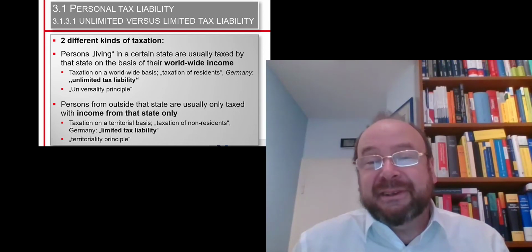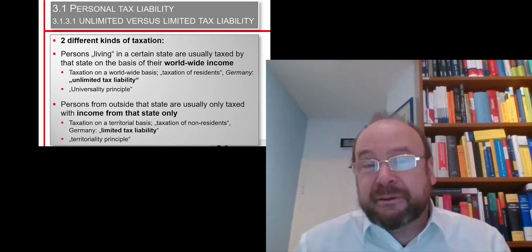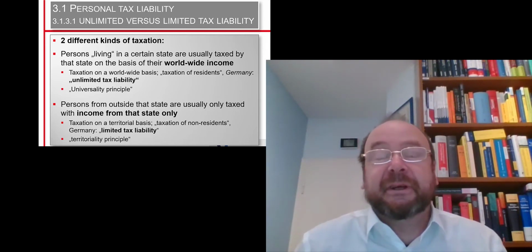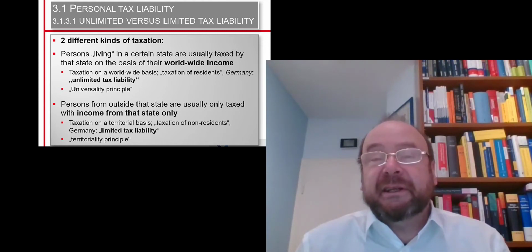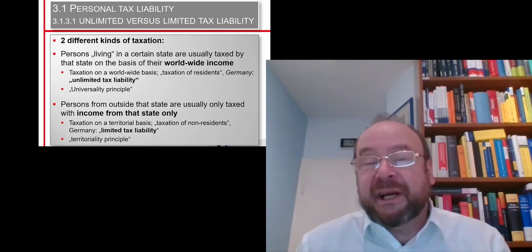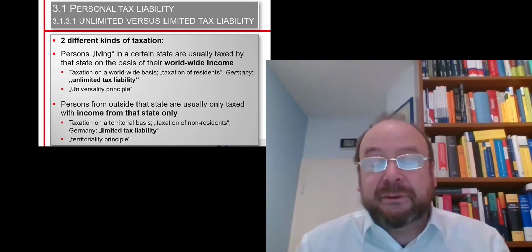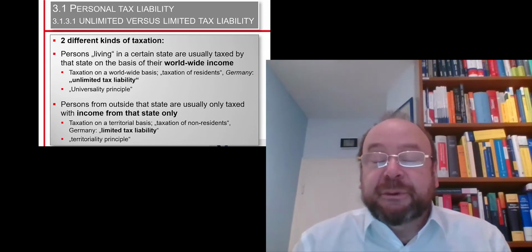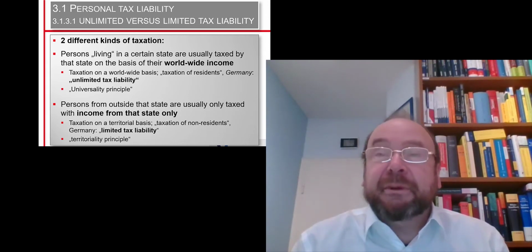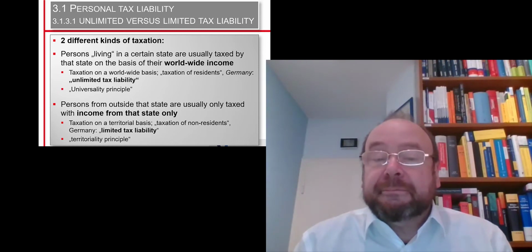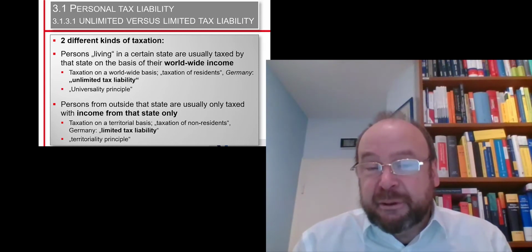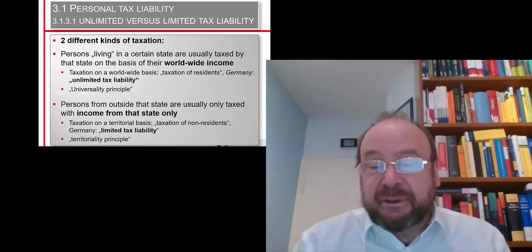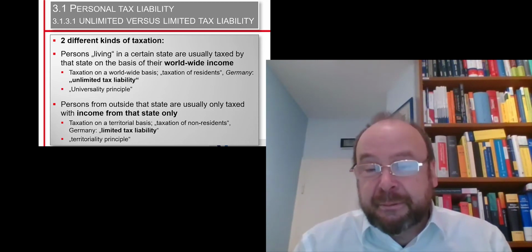Sometimes one needs some technical terms for that, naturally. In English-speaking countries, we would speak about the resident taxation, the taxation of residents, so of people who live there. One would speak of the universality principle, because everywhere where your income comes from, all is relevant.